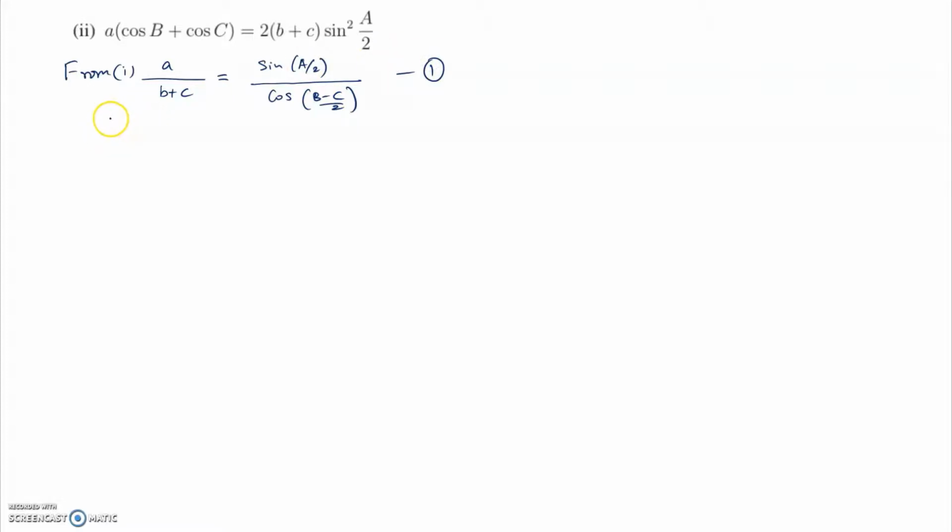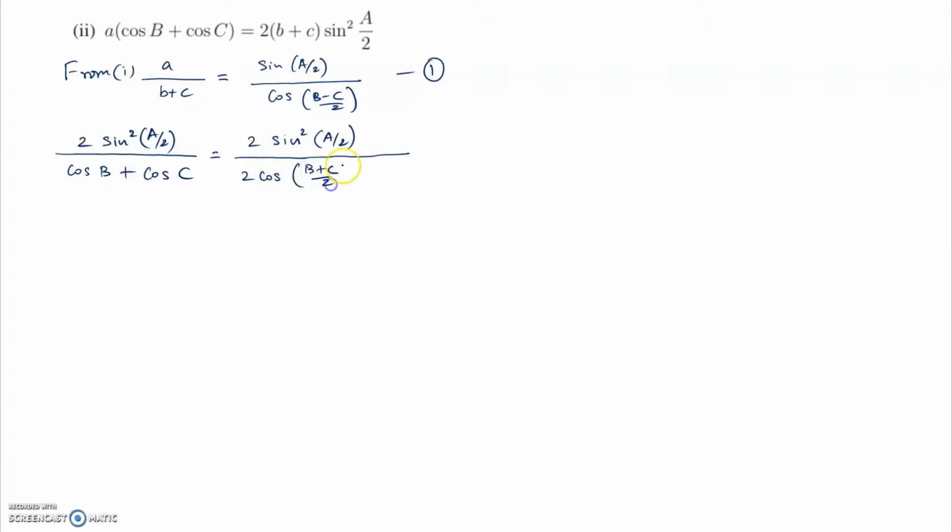Now let's take 2 sine squared A by 2 divided by cos B plus cos C. So let's keep the numerator as it is, which is 2 sine squared A by 2, but the denominator, let's expand that as 2 cos (B plus C) by 2 into cos (B minus C) by 2.